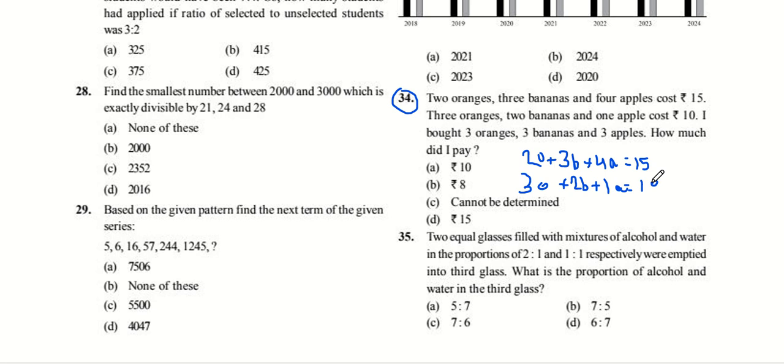Now think like this way: if I add both, what will I get? Now add both equations, that is 5 oranges, 5 bananas. This is just by seeing, we don't know whether addition will give you the result or not.